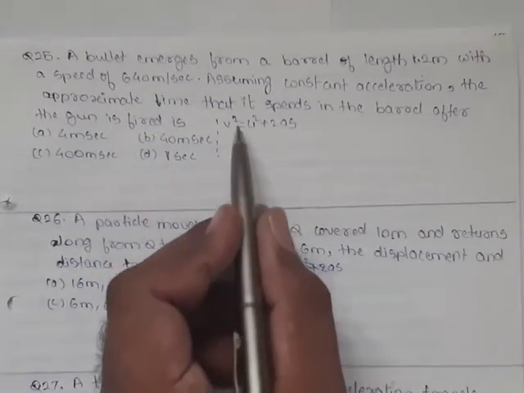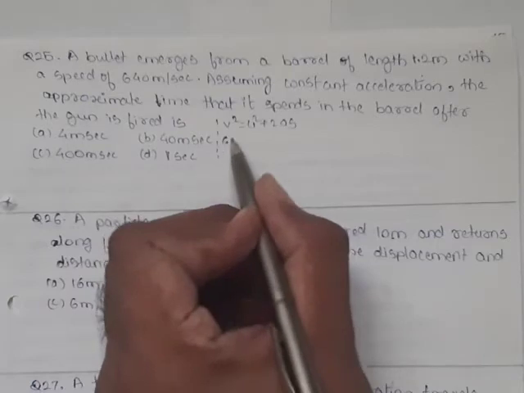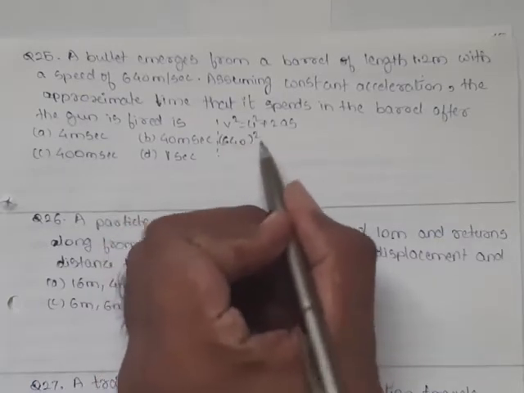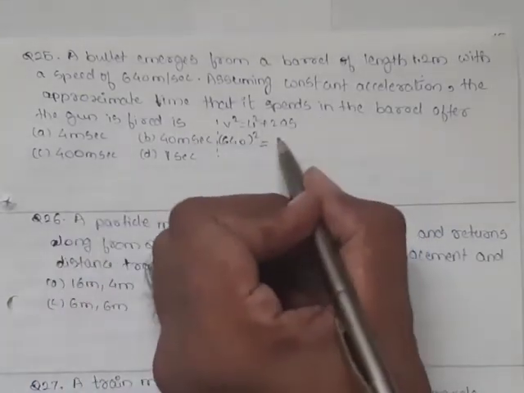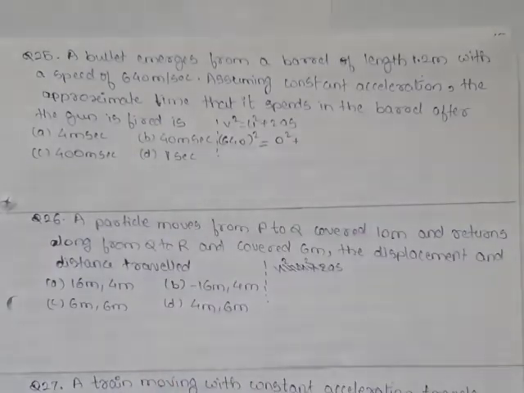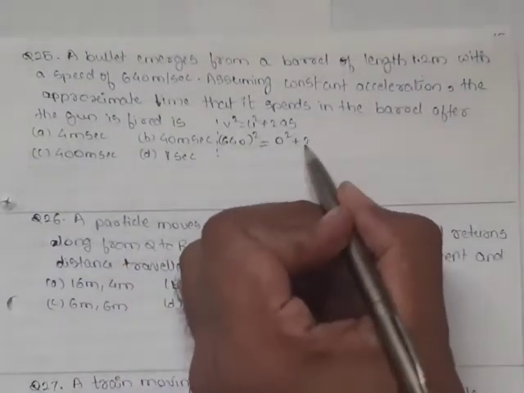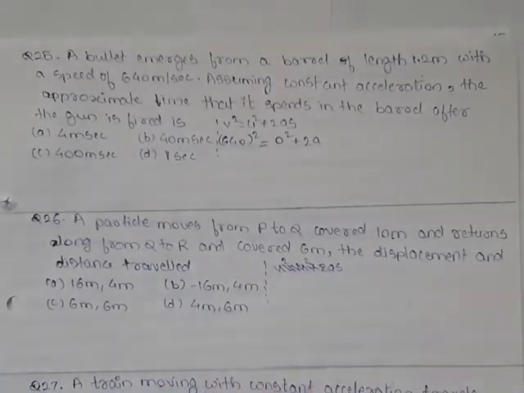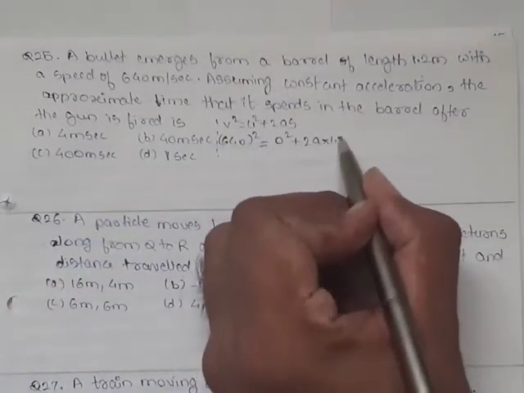Velocity is 640, so 640 square. Initially we assume that initial velocity is 0, plus 2 into a into s. The length of the barrel is 1.2, so 2 into a into 1.2.